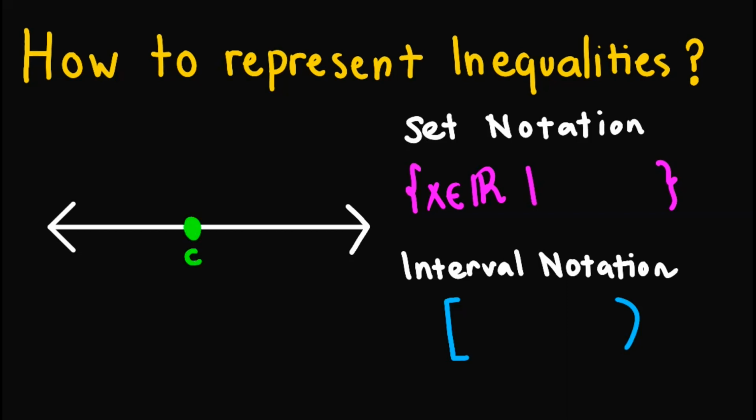This one is C, and this one extends there to the left. Let's make it hollow first. So formally we can represent this as x is less than C, since all of these values out here are less than C in our number line.